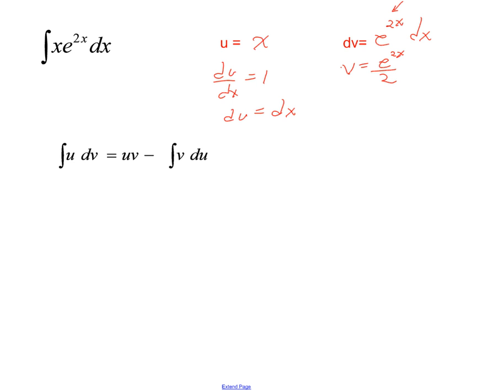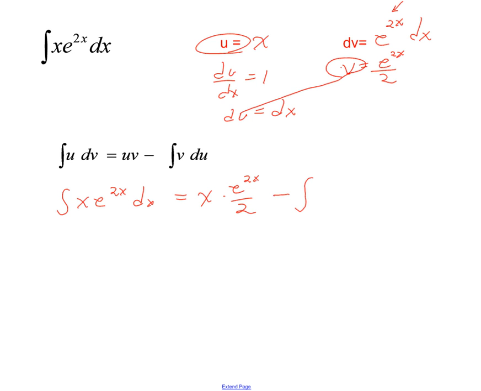Let's put it all together. So the integral of x e to the 2x dx can be rewritten as u times v. And u times v is going to be x times e to the 2x over 2, minus v times du, and that's just going to be e to the 2x over 2 times dx.